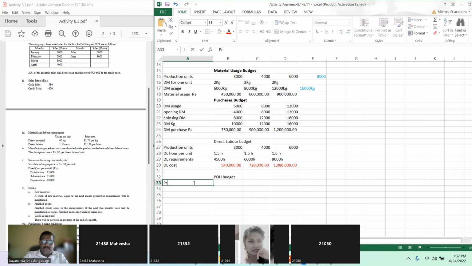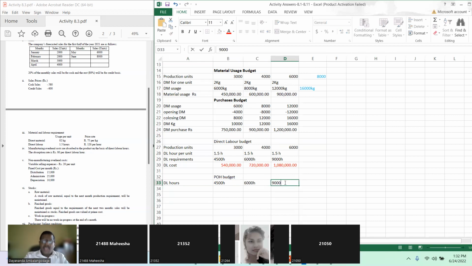So thereby, again, we can take the direct labor hours directly, because we have that data: 4,500 hours, and we have 6,000 labor hours, and we need 9,000 labor hours in the month of March.